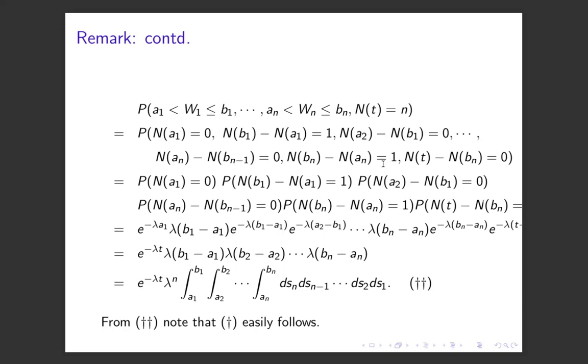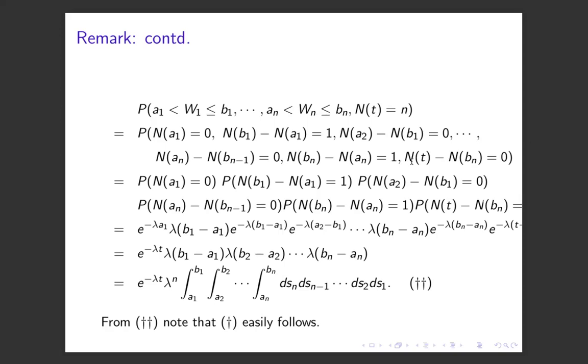In the earlier derivation of the density of W1, ..., Wn, which we did last week or so, from this alone we cannot conclude it is 1. We have to write greater than or equal to 1. If you go back to the notes, you will see that. But since we are given this information together with Nt equal to n, it enables you to conclude that N(Bn) minus N(An) is equal to 1. And since Nt equals n and the nth event has arrived before Bn, between Bn and T there cannot be any arrivals.